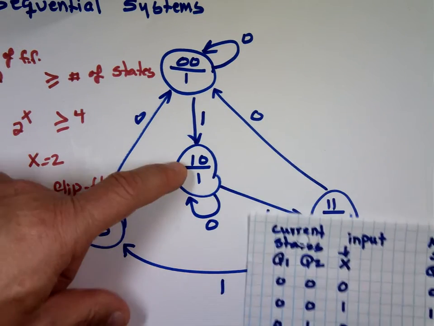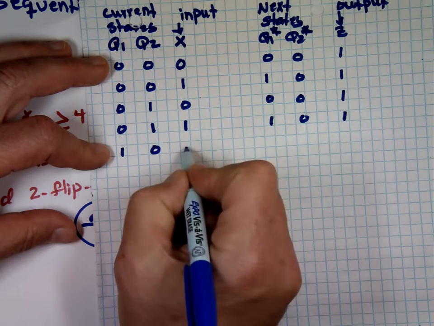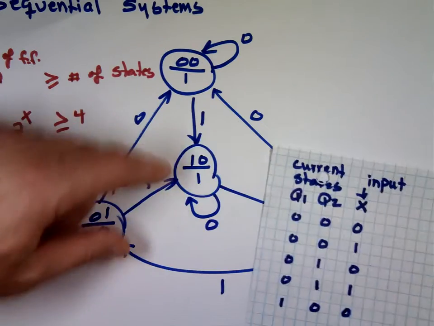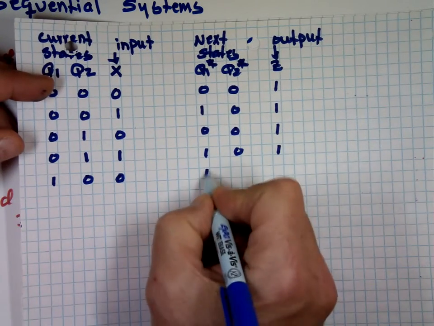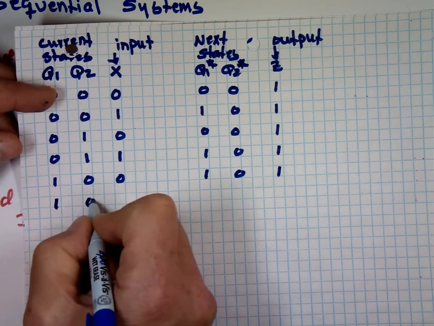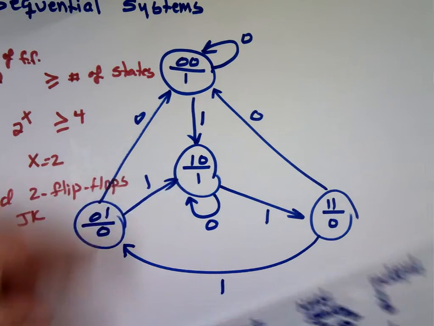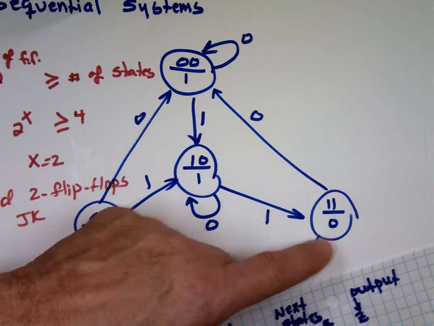If I'm at state 1, 0, and my input is 0, I stay there, my output is 1. If I'm at 1, 0, and you put a 1, where do you go? To 1, 1, and there's no output.